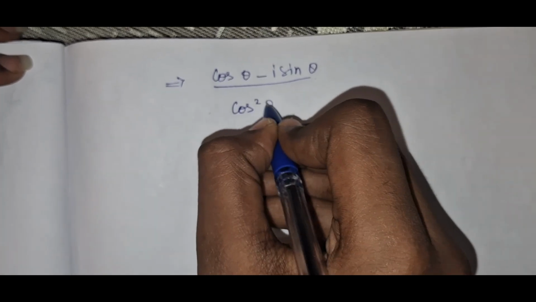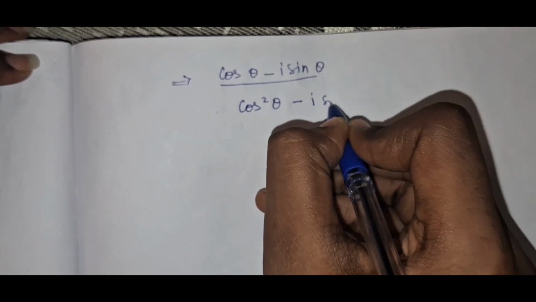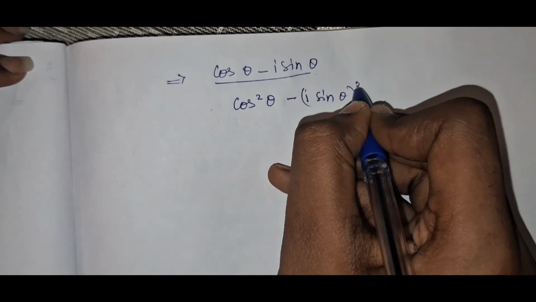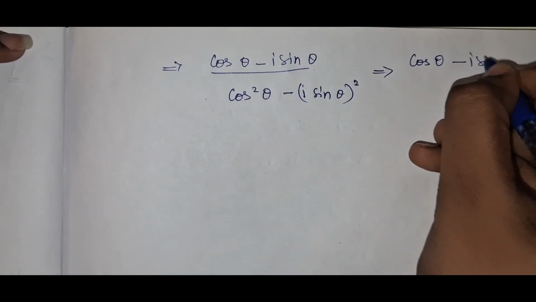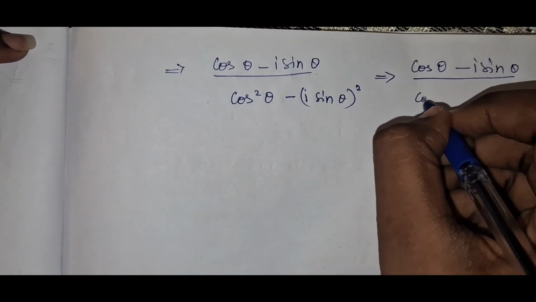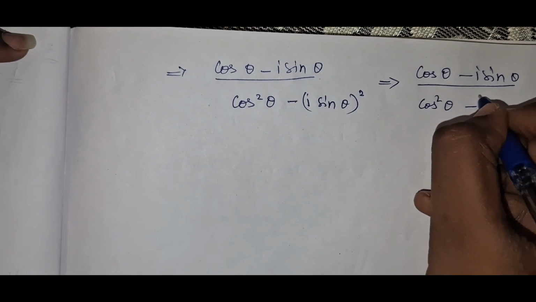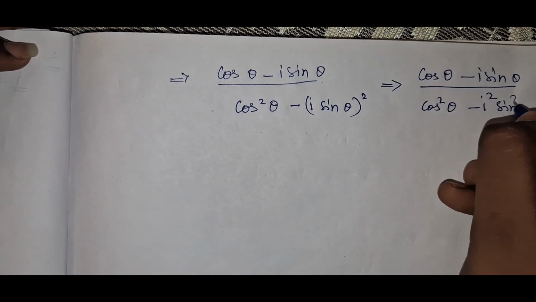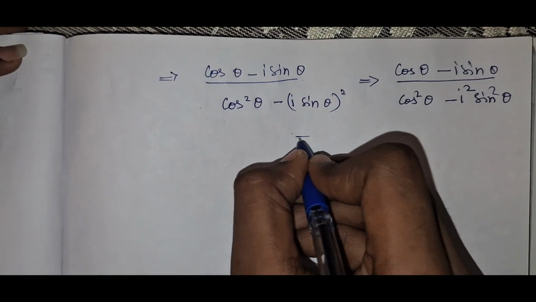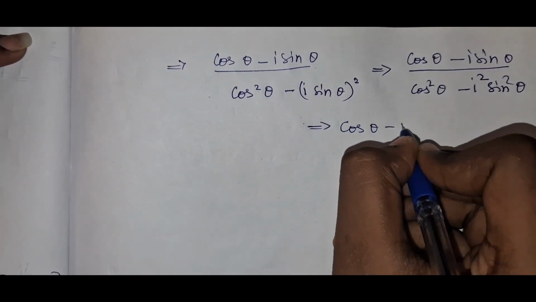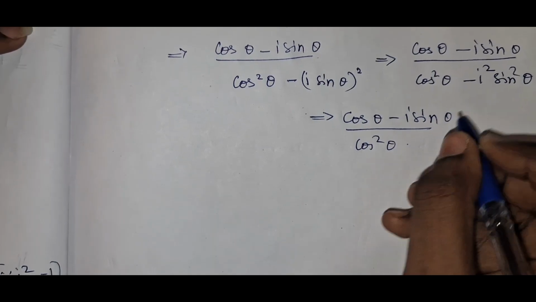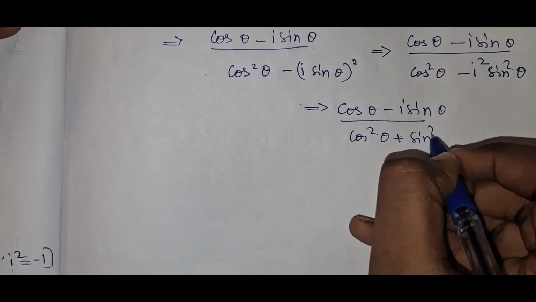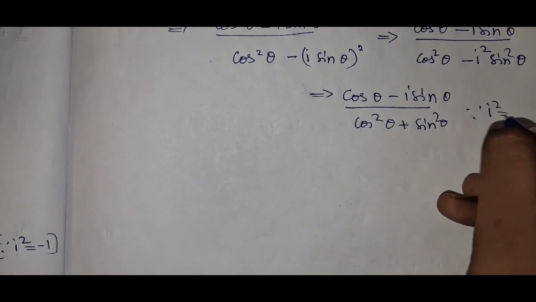Therefore, we get cos theta minus i sin theta by cos square theta minus i square sin square theta, which will be equal to cos theta minus i sin theta by cos square theta plus sin square theta, since i square is equal to minus 1.